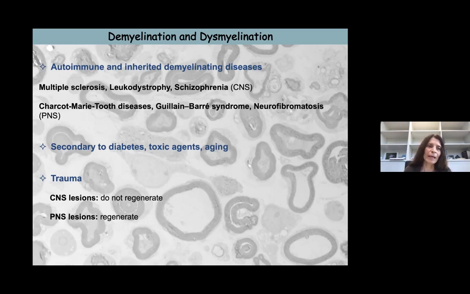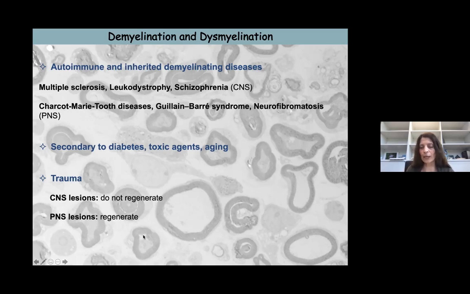So in my lab, we are very interested in traumatic lesions: how to modulate the system, understand how the PNS regenerates, and try to apply what we learn to the CNS to promote regeneration. We also work on multiple sclerosis and, a little bit more in collaboration, on Charcot-Marie-Tooth diseases.